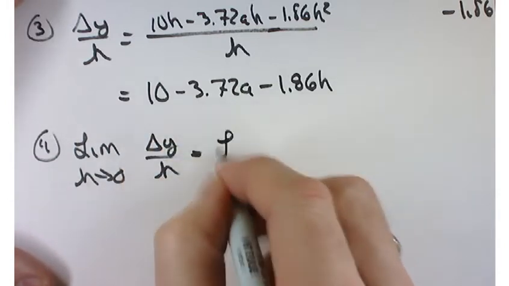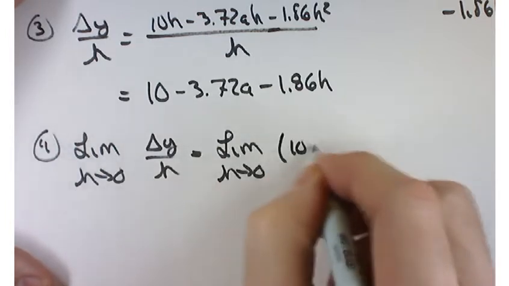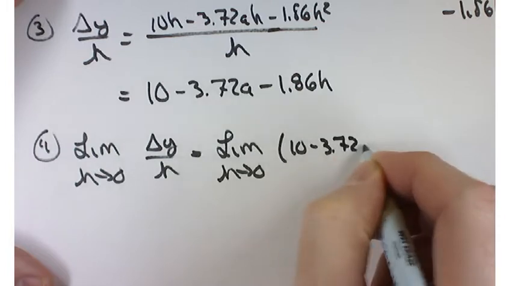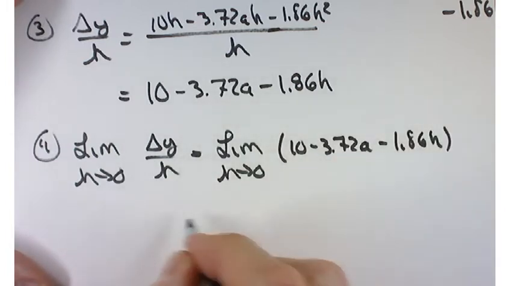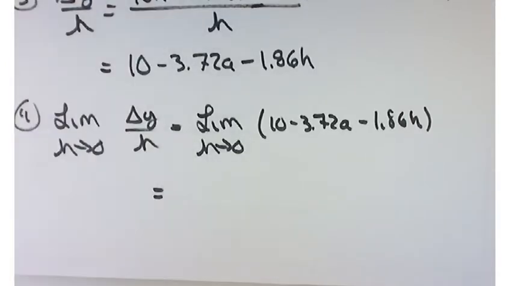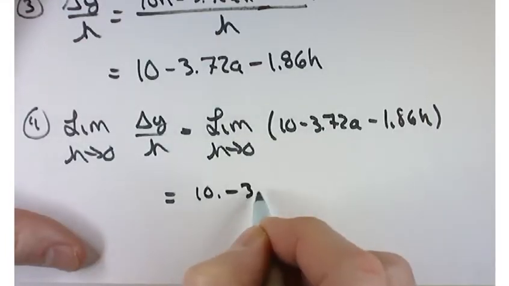That's the limit as h approaches 0 of 10 minus 3.72a minus 1.86h. And what's that limit going to equal? 10 minus 3.72a.